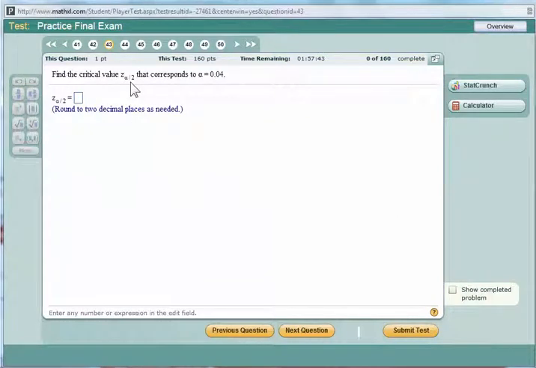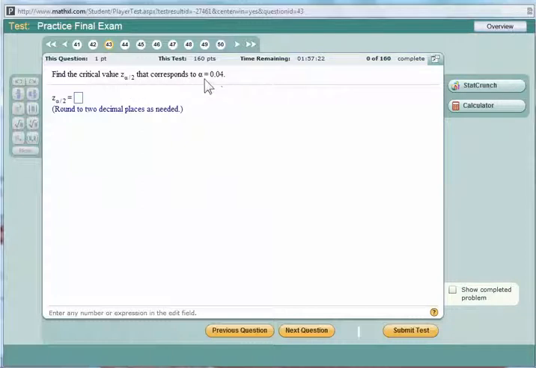So this could be thought of as like a confidence interval, chapter 7, where it actually first appeared, or like when you are finding the critical values for chapter 8, when you're doing hypothesis tests, and it's a two-tailed test.